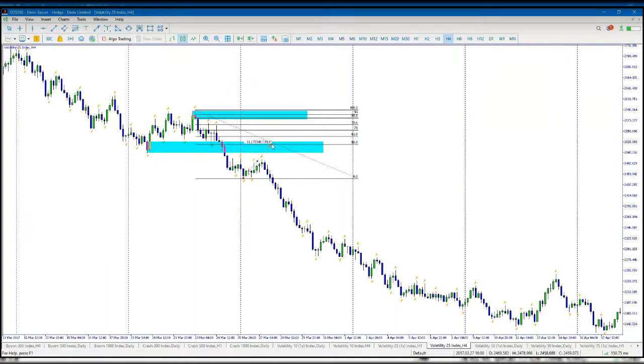This is V25. So we've observed three things now. Number one, V25 respects the breaker block. Number two, V25 respects the cube, the smart money cube. And then number three, V25 is prone to violating the premium and discount zone, the premium and discount block.